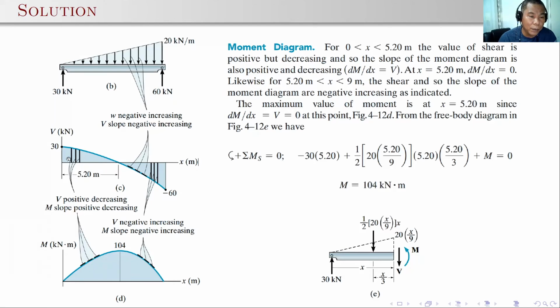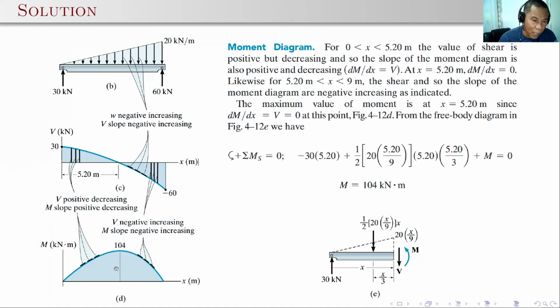I hope you will be able to determine the area of a second degree curve. Do you know how to do it? As long as at one of the ends the slope is zero, you can just use 2/3 of the base and the height. 2/3 of 5.2 times 30, that's equivalent to 104.